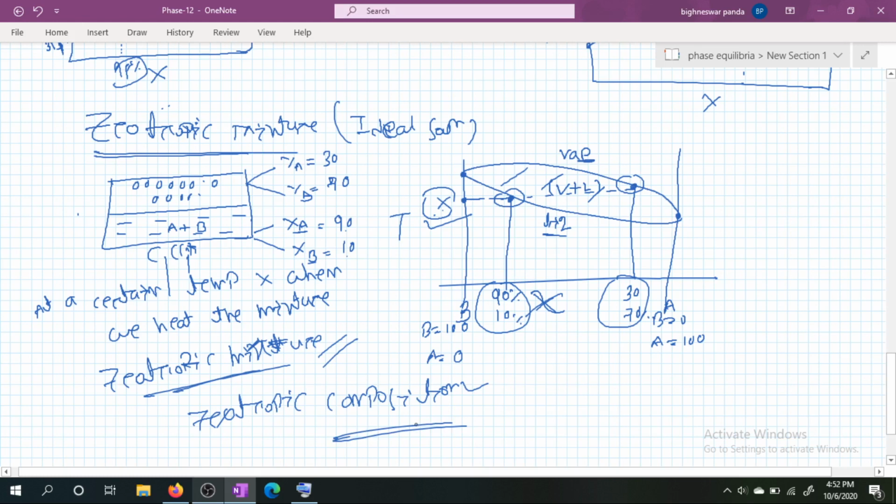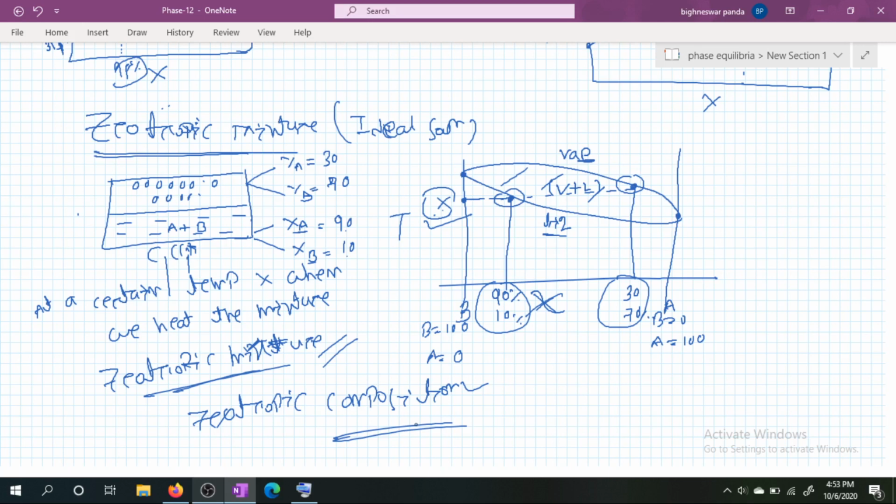So this is all about the fractional distillation of zeotropic mixture and azeotropic mixture. For zeotropic mixture, we can easily separate the components, but for azeotropic mixture, we cannot easily separate the individual components from the mixture.